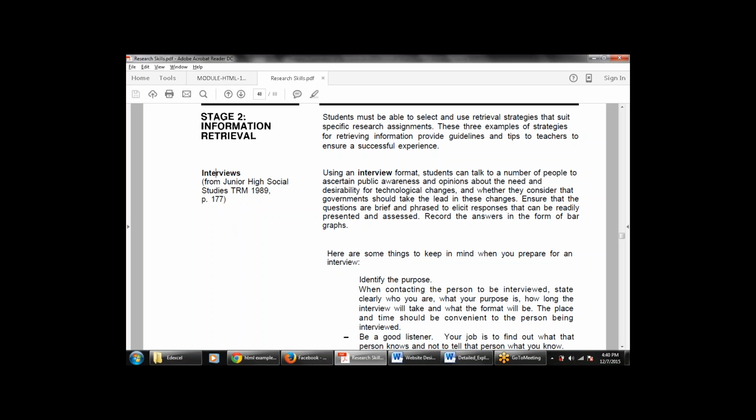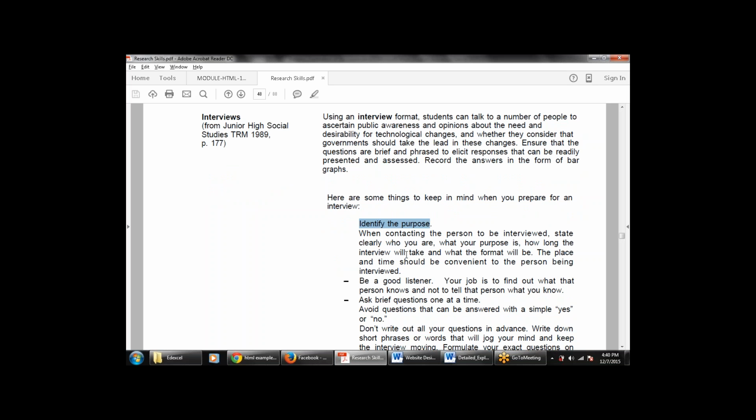What are the various things that you keep in mind when you prepare for an interview? First is to identify the purpose, that is, what is the main purpose.